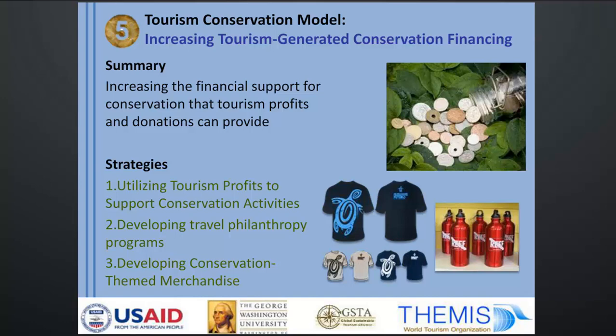The first strategy that is presented to achieve this is utilizing tourism profits to support conservation activities. This can really occur within any kind of tourism enterprise, but within the strategies we focus on community-based tourism enterprises.